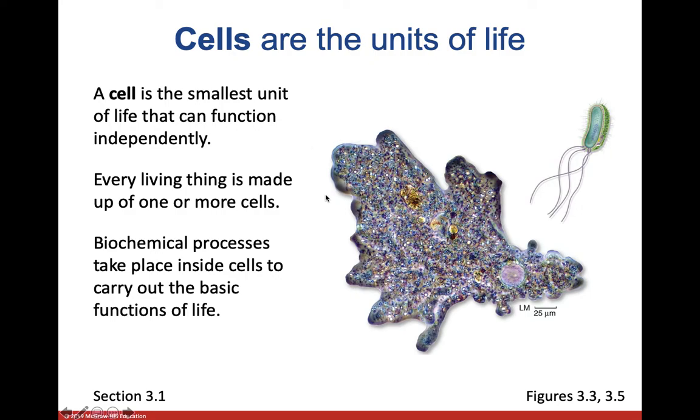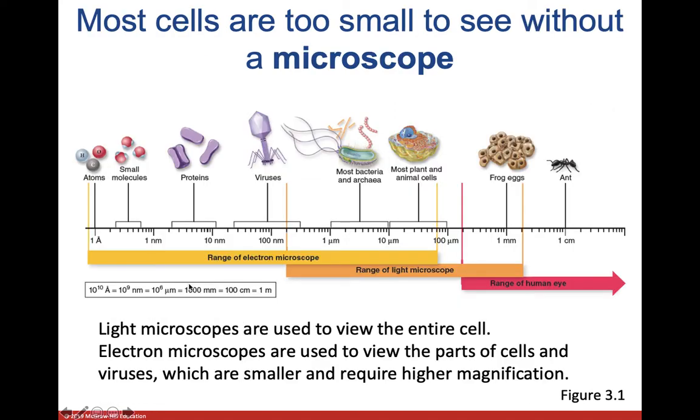They're the smallest, simplest, most fundamental unit of living things that are capable of doing all of the traits of life and carrying out those basic functions, chemical reactions, and things that all life needs.